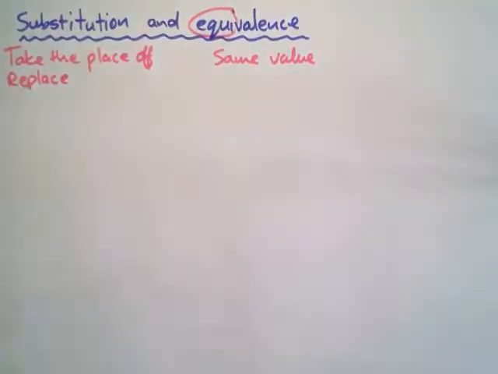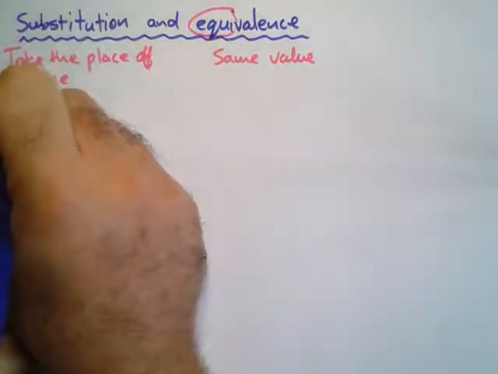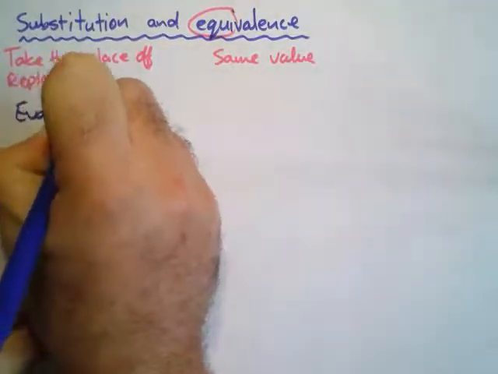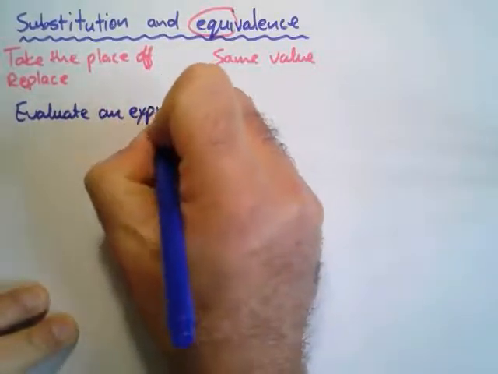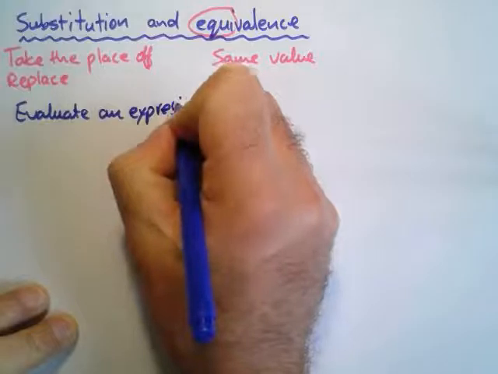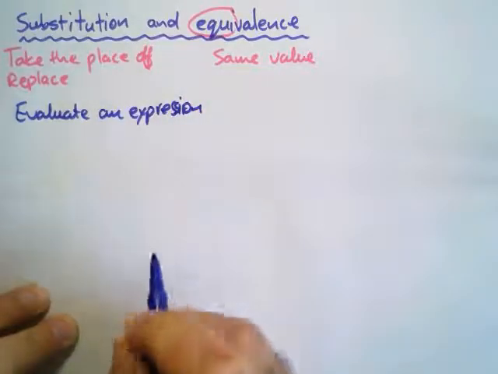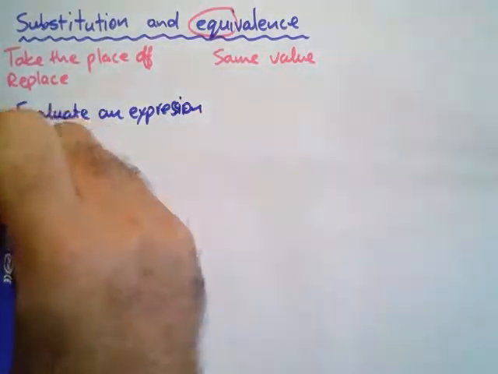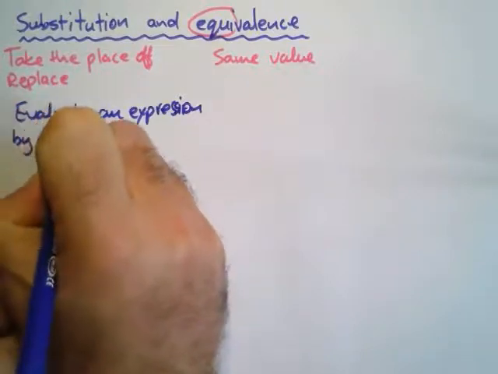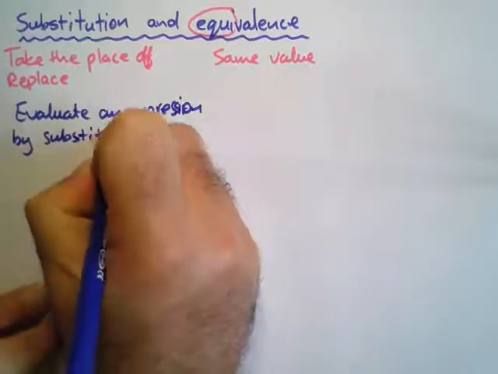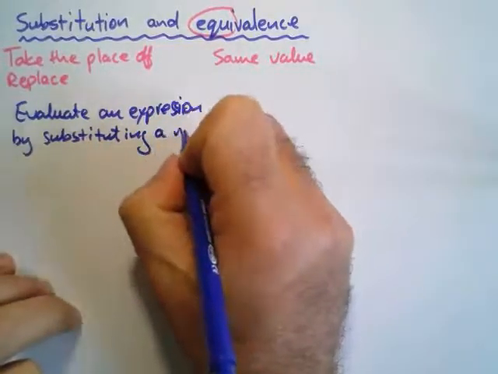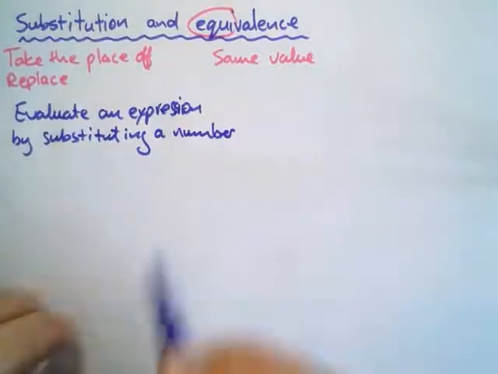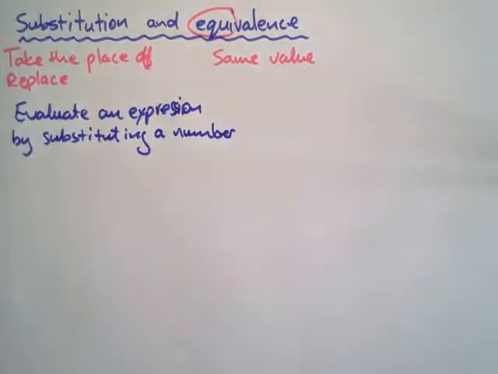So what we do is we evaluate an expression by substituting a number or numbers. Okay, so let's look at an example.